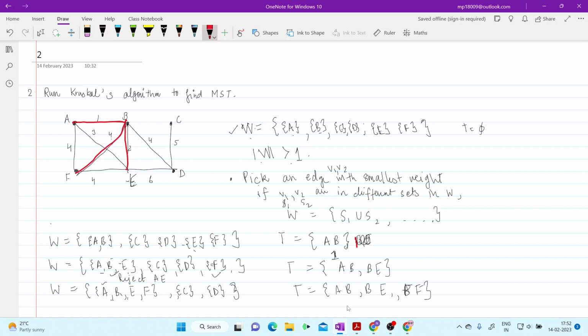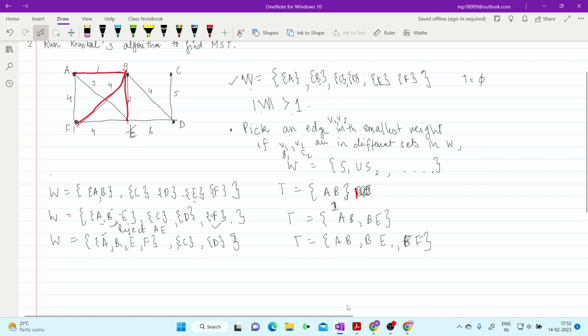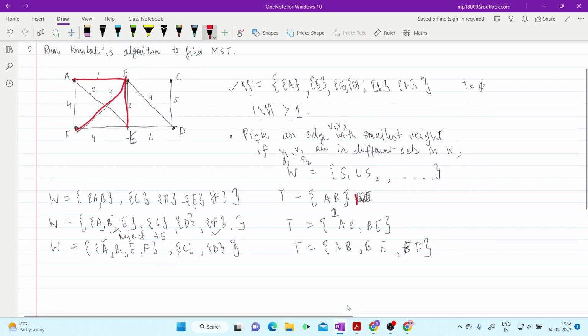So now, what edge should we pick next? So we have picked weight 1, weight 2, weight 3 edge was rejected. Now the next weight was 4.